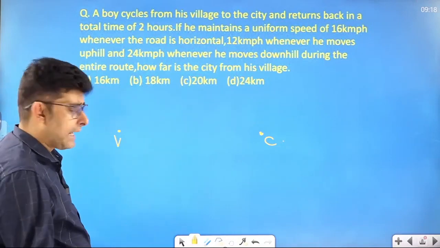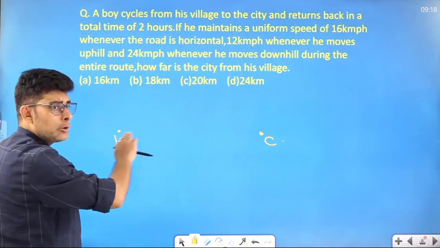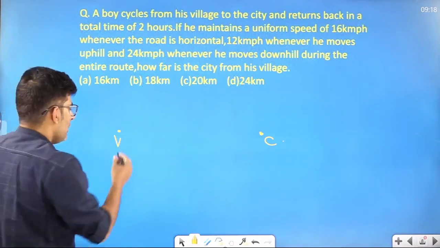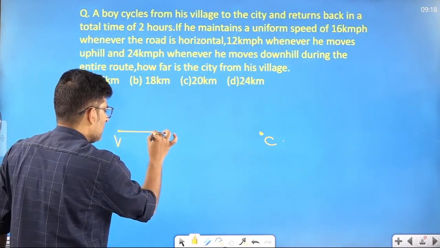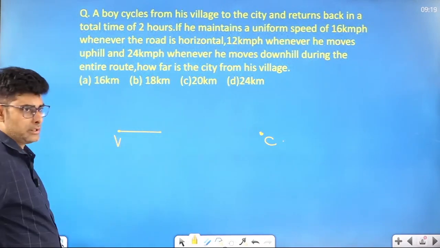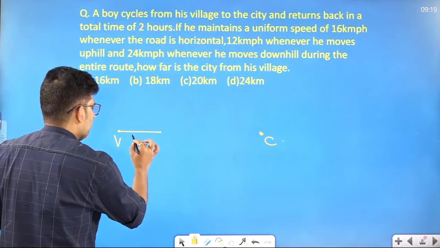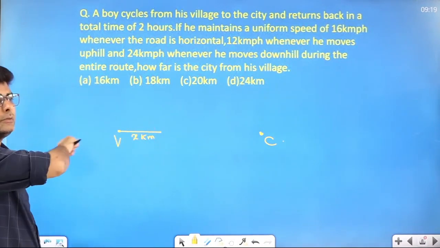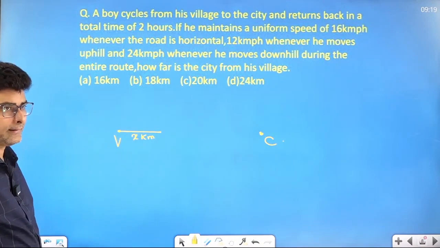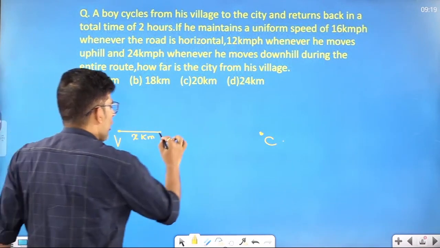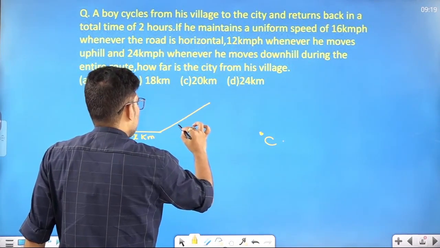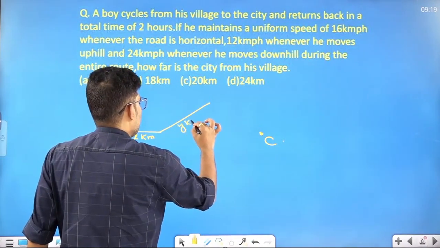So now what I can do is, between village and city, the roads are a combination of uphill, downhill and horizontal, clear? So I can take all the horizontal portions, suppose this much. I don't know what is the length. Let's take this length as x kilometers. The horizontal portions in between village and city I am taking as x. Understood? Now all the uphill portions, I am taking it as say y kilometers. I don't know its value.